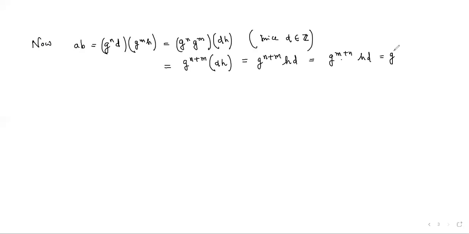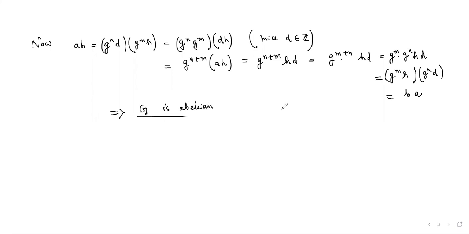This can be written as g^m g^n hd, and then again as g^m h and g^n d, and this becomes ba, which shows capital G is abelian, which proves the result.